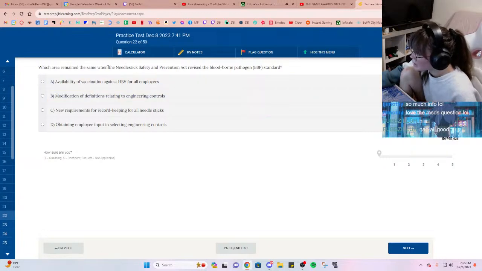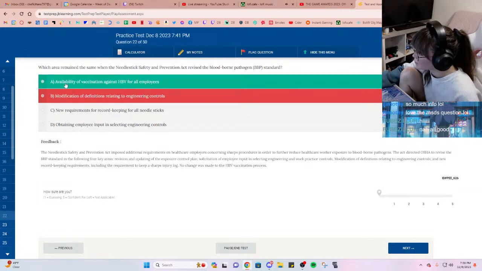Which area remained the same when the Needle Stick Safety and Prevention Act revised the bloodborne pathogen standard? Availability of vaccination against HPV for all employees, modification of definitions relating to engineering controls, new requirements for record keeping for all needle sticks, or obtaining employee input in selecting engineering controls. I think modification of definitions are probably the same. Damn it, availability of vaccination. Really? Let's stay the same. Interesting.